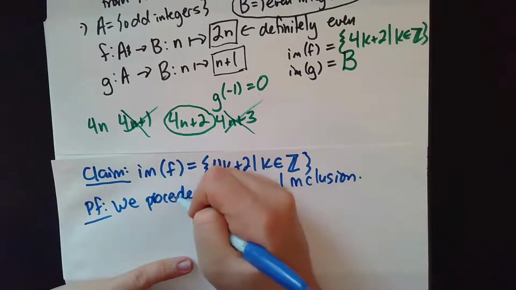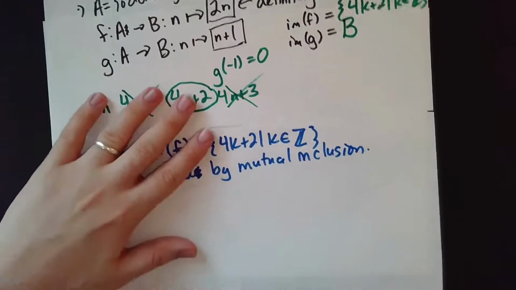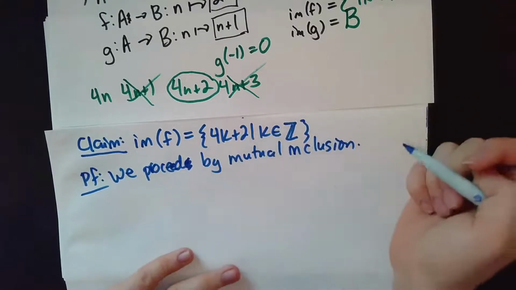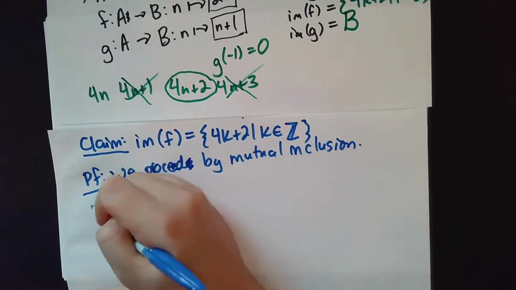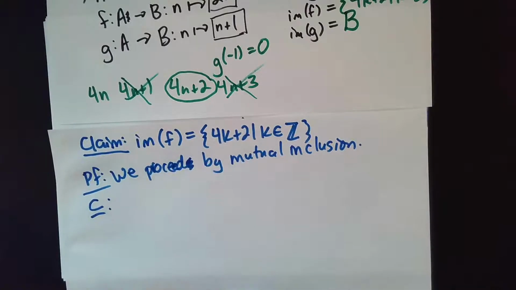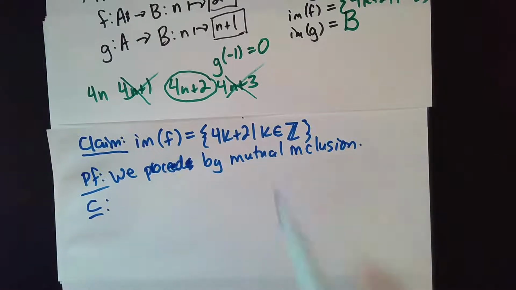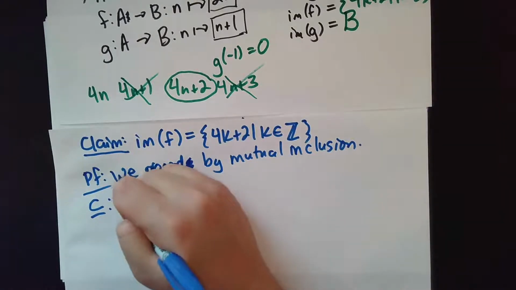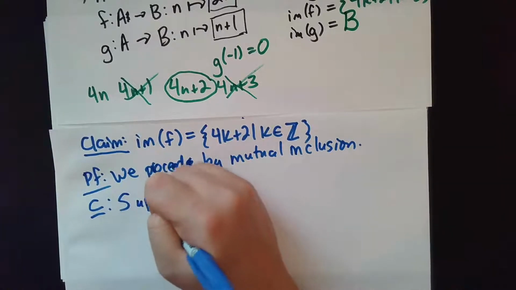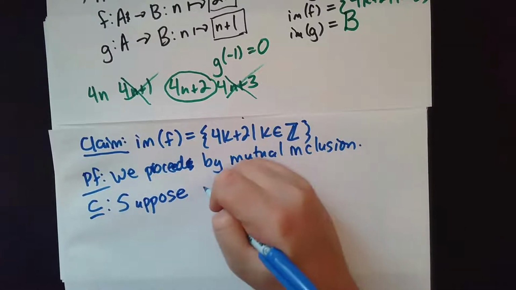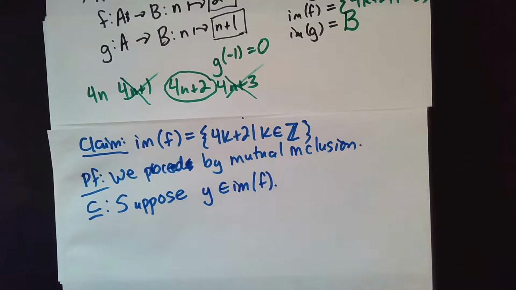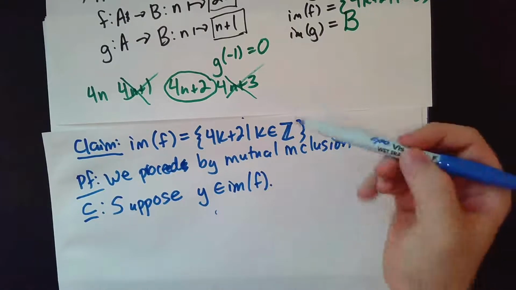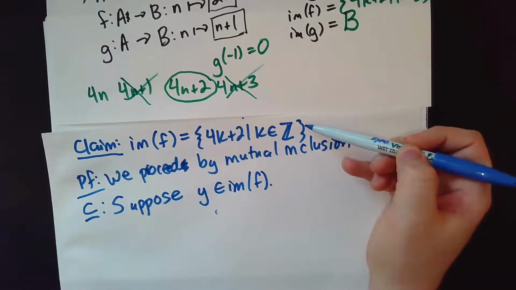I will someday spell proceed correctly the first try. So let's first show that the image is a subset of this set. Okay, so let's suppose y is in the image of f. I need to show y is also in this set.